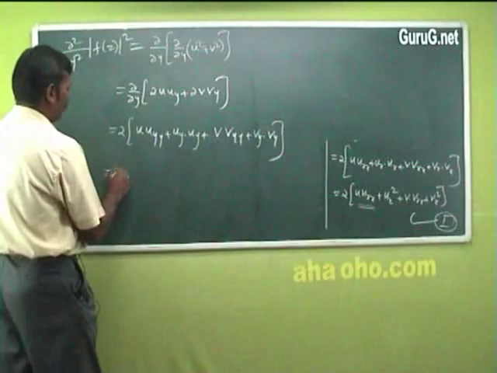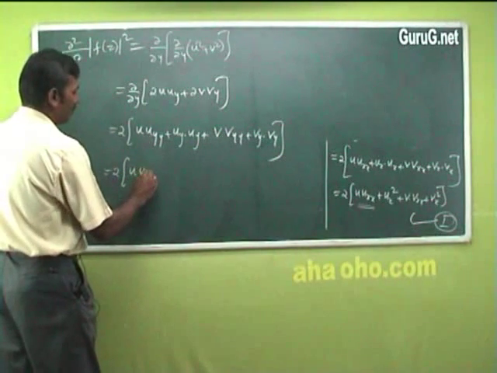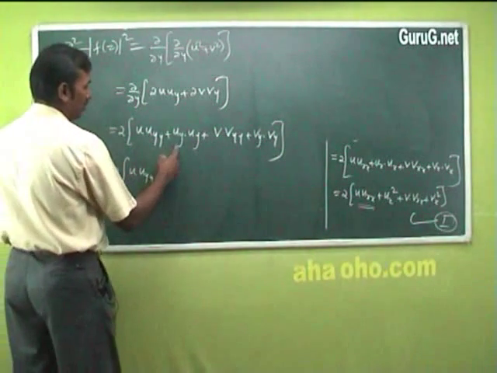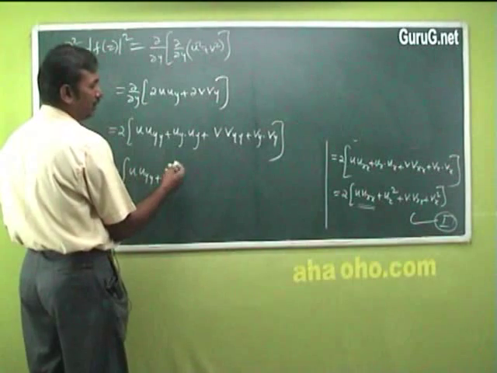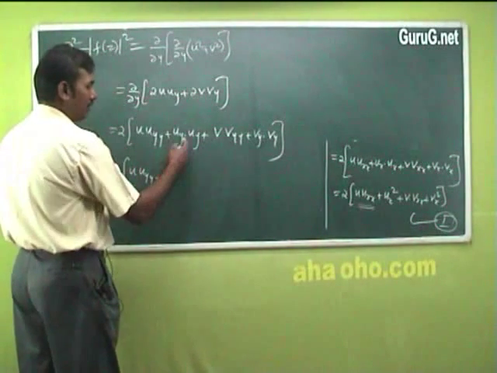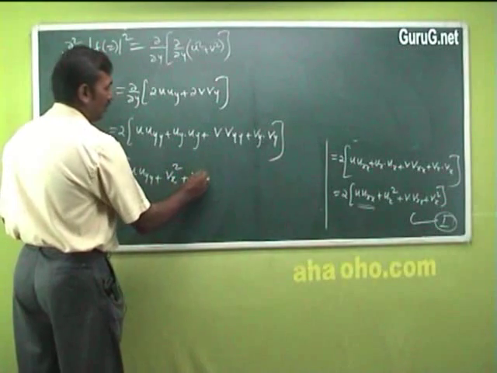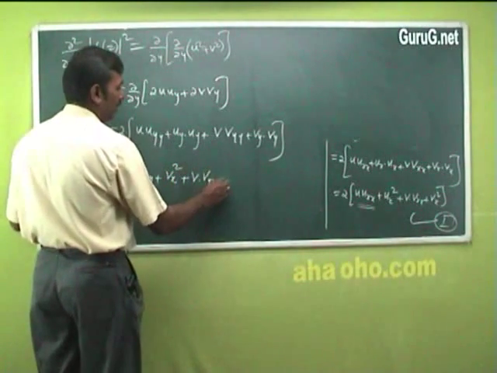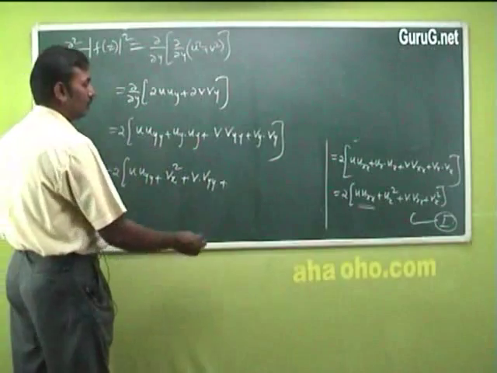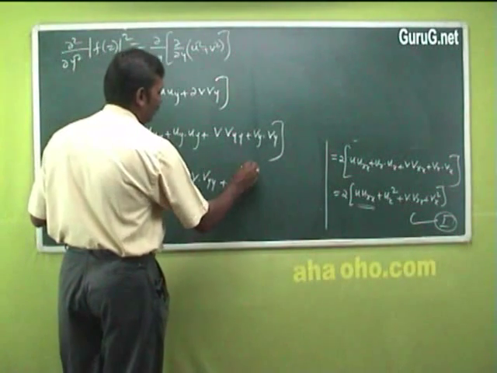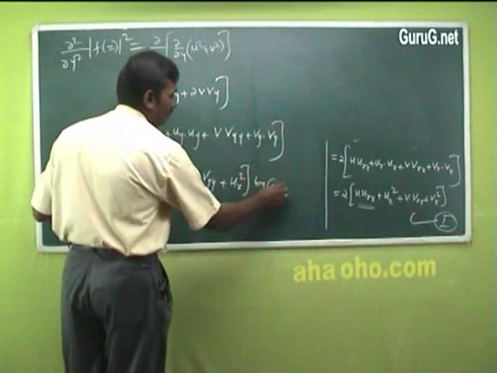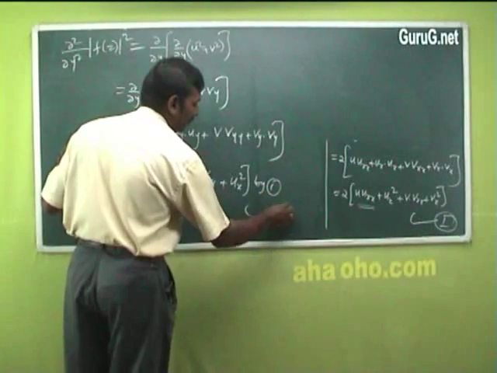Which is equal to 2 times u into uyy plus uy. What is uy? By using 1, uy equal to minus vx, so vx square, plus v into vyy. vy is nothing but ux, so ux square. So by 1. Take this as 2.